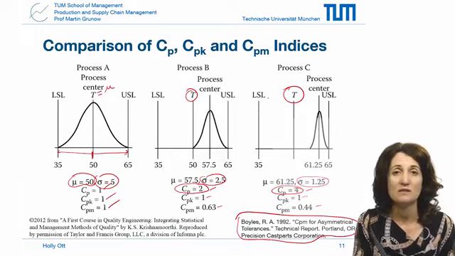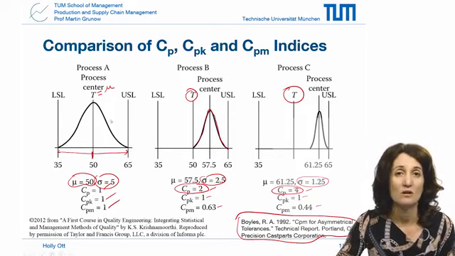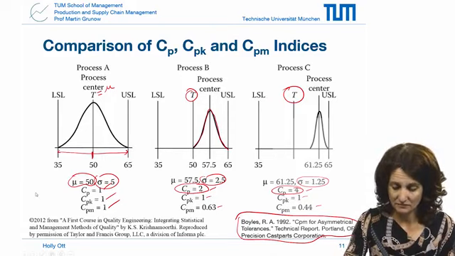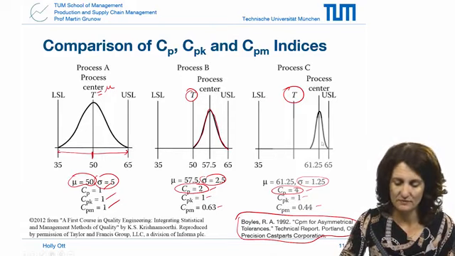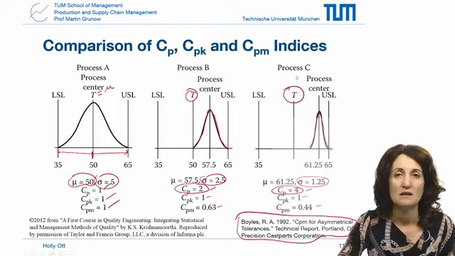And notice also, while CPK value here equals 1, for process B and for process C, this reflects that almost all the units of the population are actually within the specification.